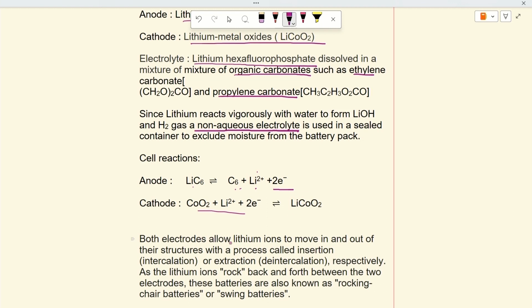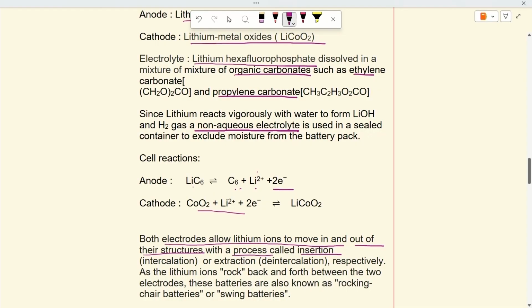Now, the peculiarities of both electrodes allow lithium ions to move in and out of their structures in a process called insertion. There is graphite in which we have the lithium, and this lithium moves out as lithium ions and reaches the cathode, where the lithium ions are inserted into the cathode. This process is known as intercalation.